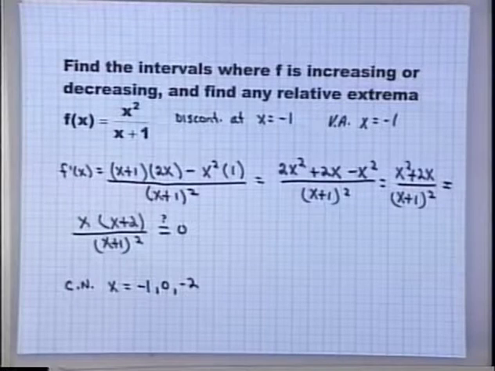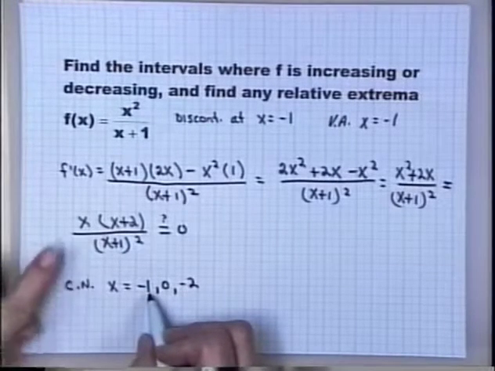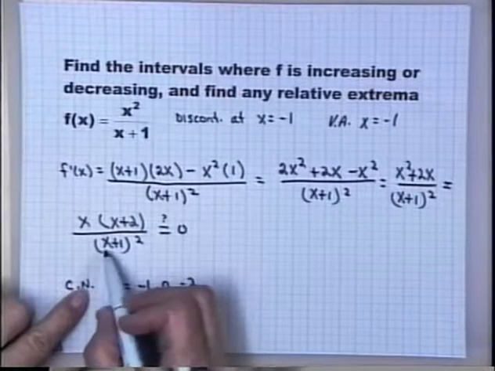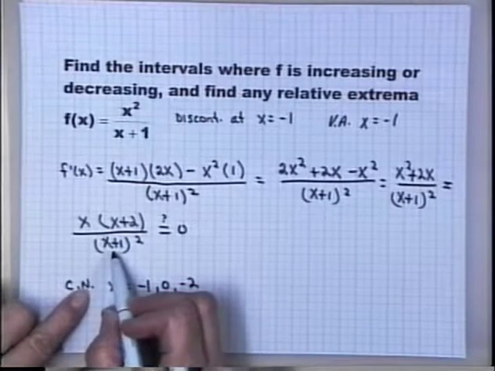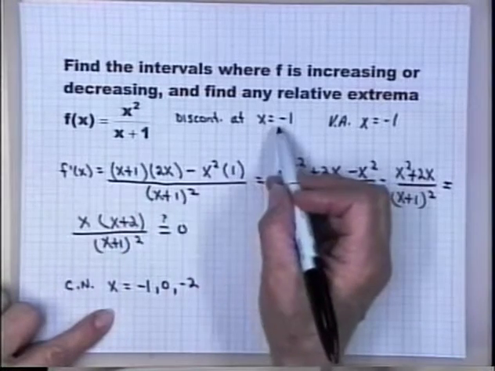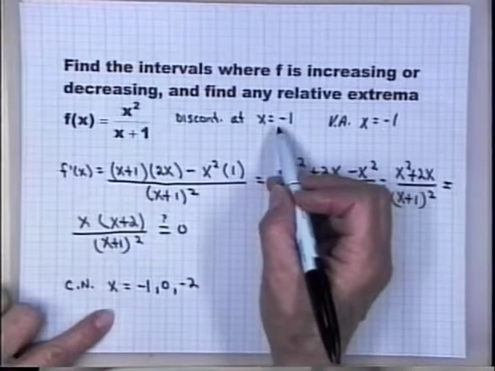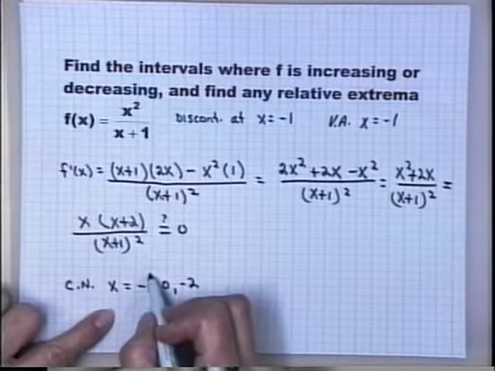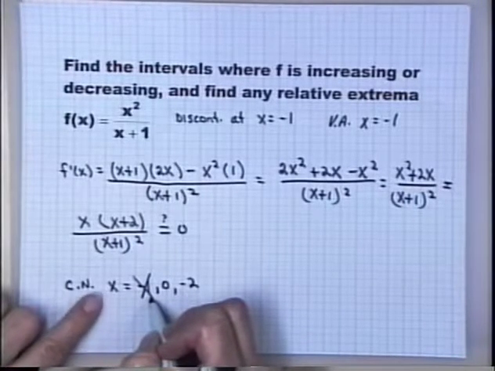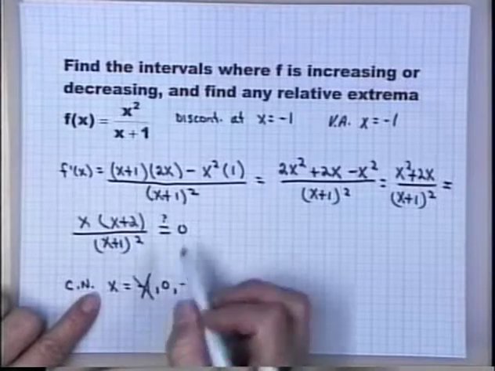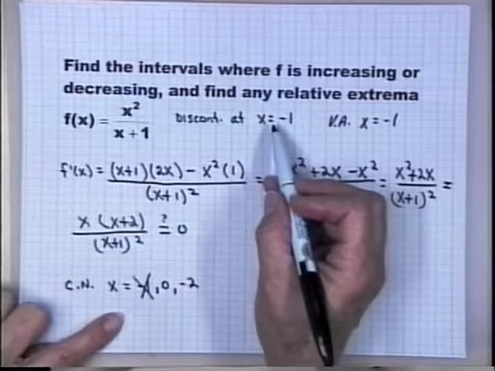Now, let me come back and talk just a little bit technically here. I included negative 1 as a critical number because the derivative is undefined there. However, my original function is also undefined there. So according to the technical definition, that is not a critical number per se. We can't have a minimum or a maximum there because my function is not defined there.